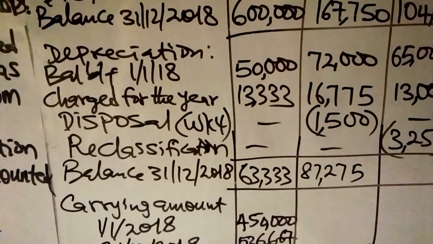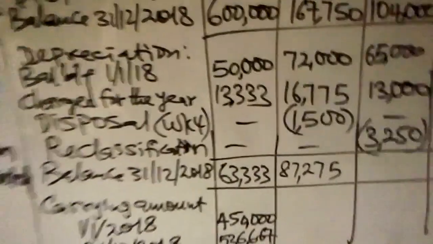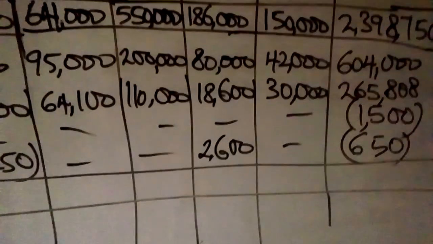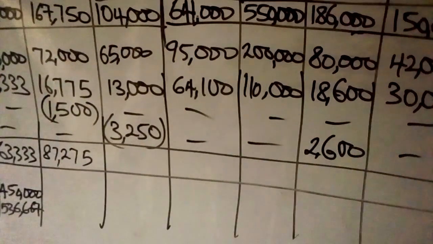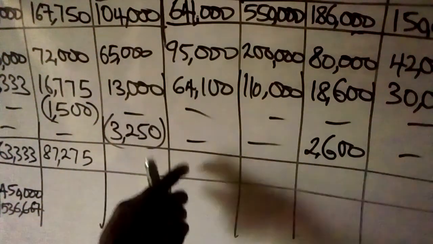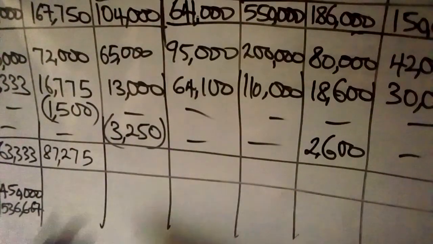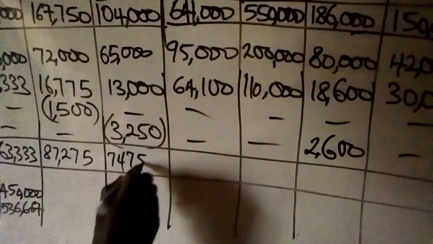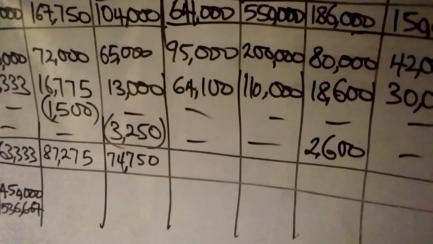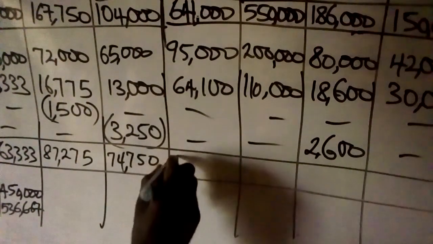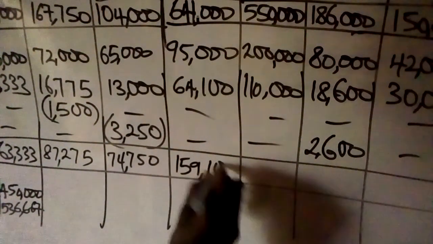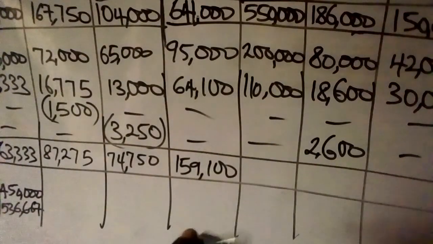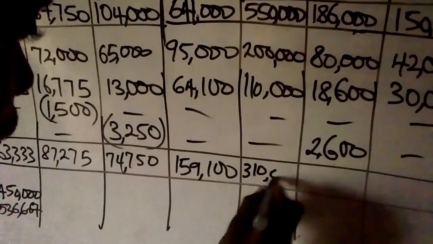So when you sum up this column, this one will be 74,750. This column will be 95,000 plus 64,100, which is 159,100. 200,000 plus 110,000 would be 310,000.